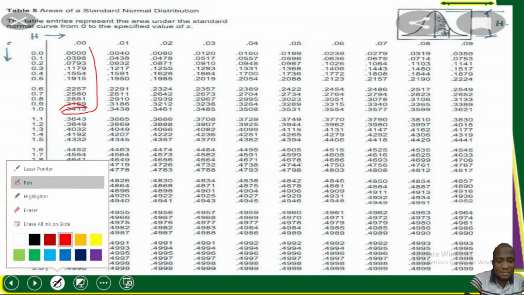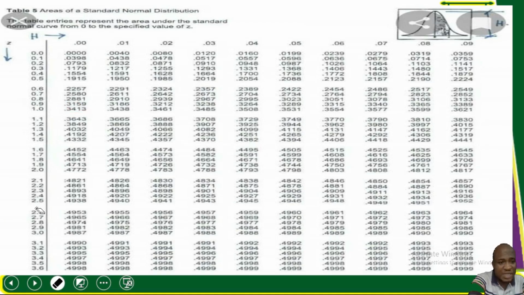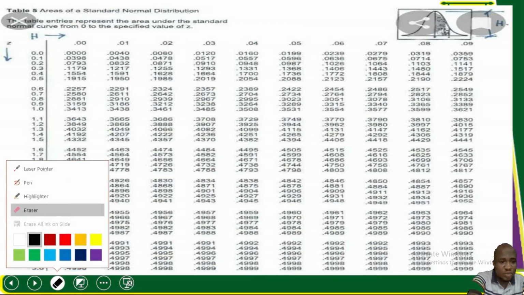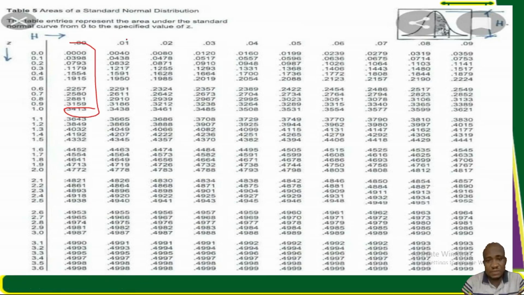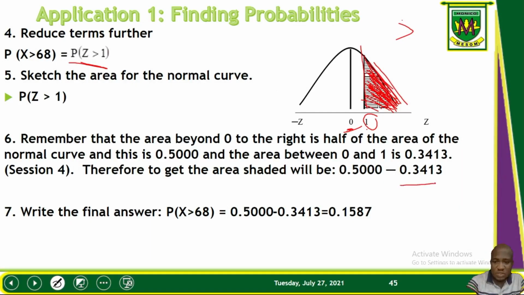This table is at the back, the last page of your book, so kindly refer to the last page of the book. Trace whatever number you get from there. After converting to z-score, trace from there and use the value you get from the table in doing your calculation. Okay, so this is the value here, 0.3413. Now let's go to the second example.